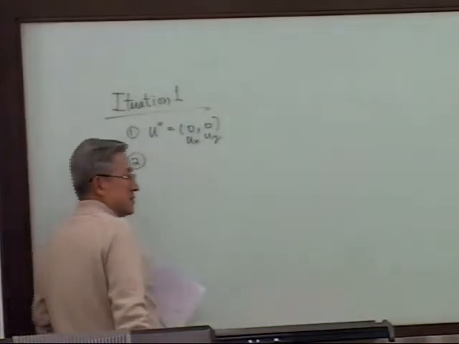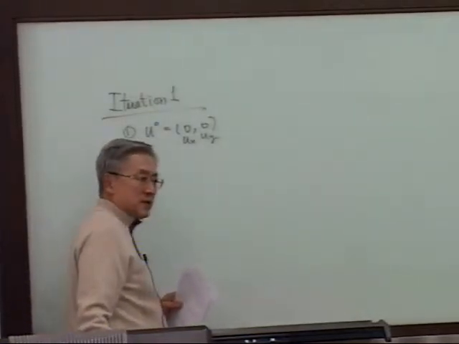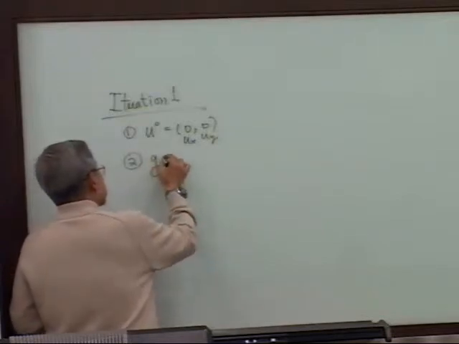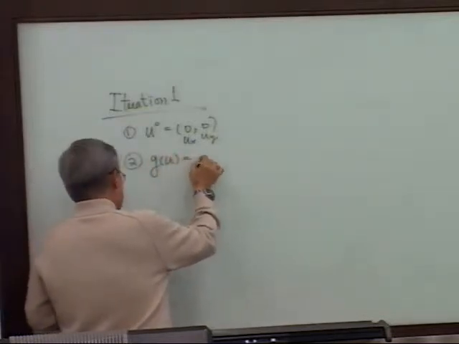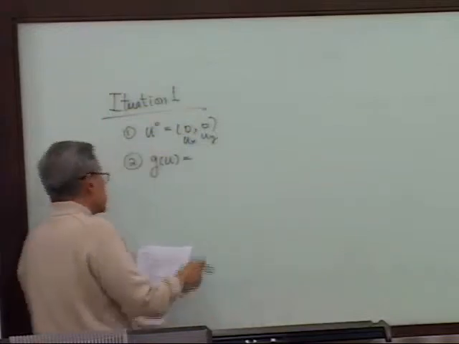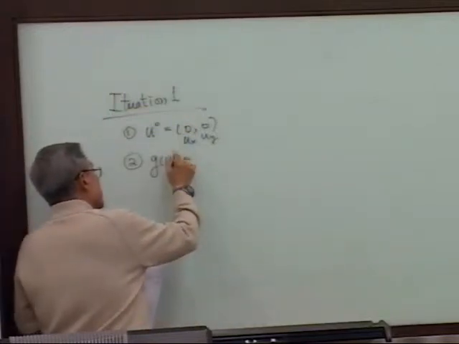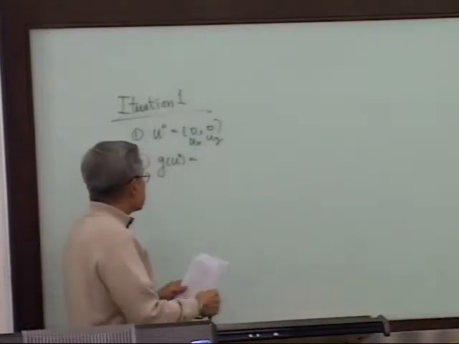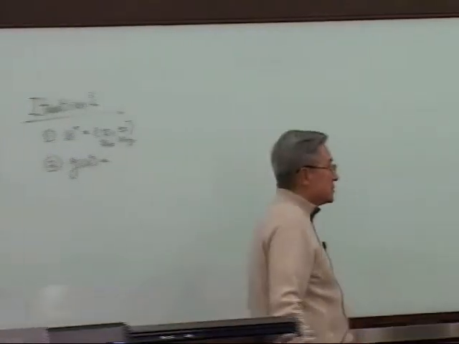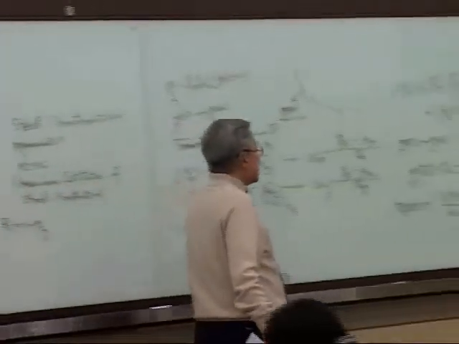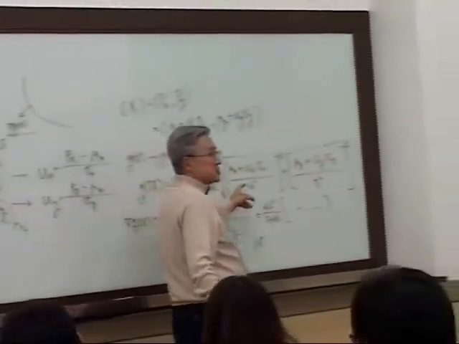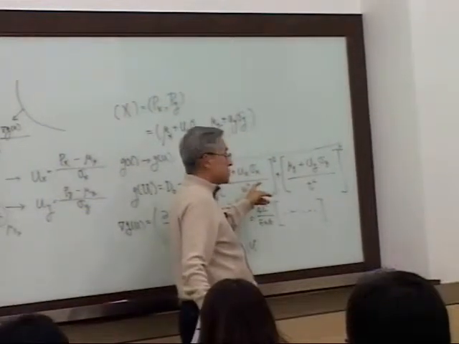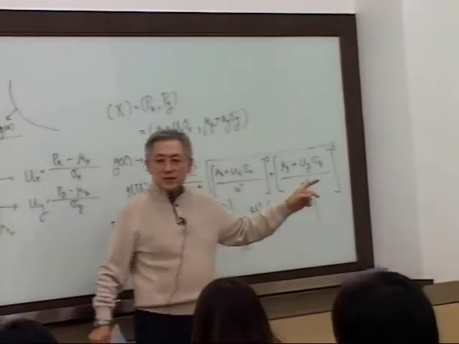Now this is a set, the trial vector, U naught. Then next, you can compute G(U naught), right? Where is G(U)? Here is G(U). For that equation set for this problem, all the variables you know, then you can compute that.